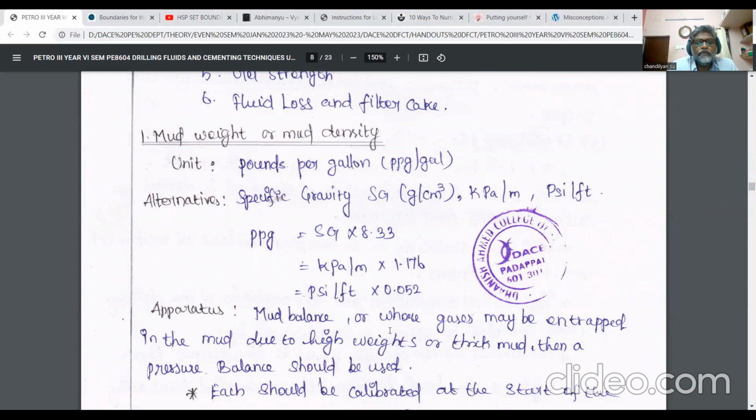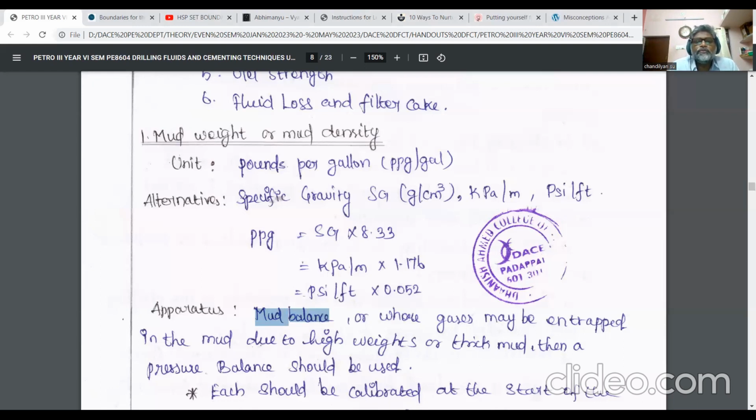So let me show you a picture for what a gallon is, what a pound is, as well as the instrument which we will be using for measuring the mud weight or mud density, which is called the mud balance. A mud balance is an instrument which is used to measure the mud density.